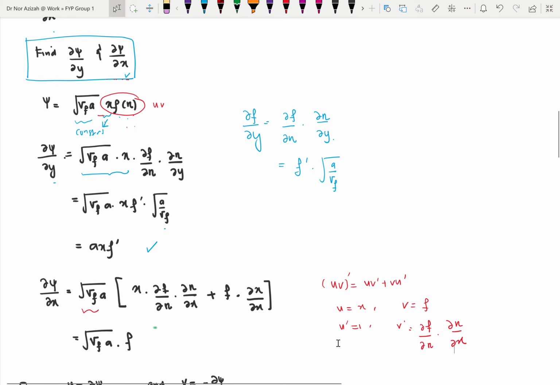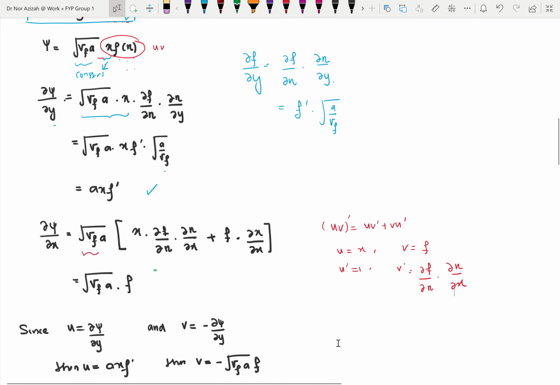So based on this, you write the formula: u is x, v prime is del f del eta del eta del x, plus v u prime, where v is f, u prime is 1.